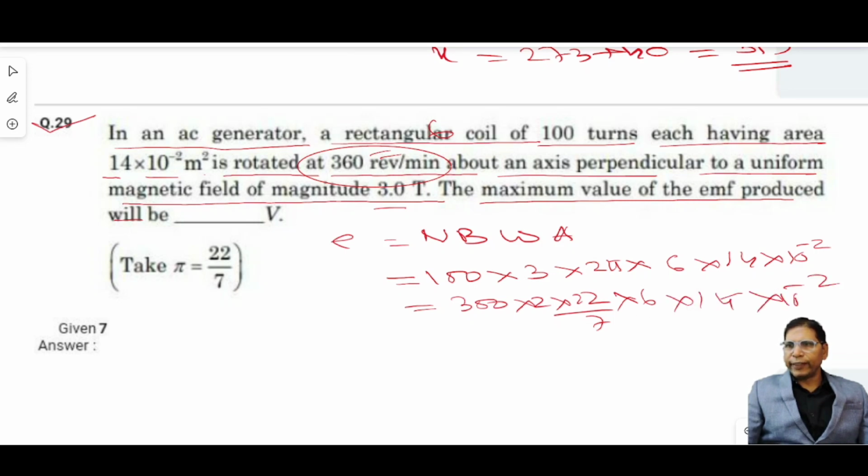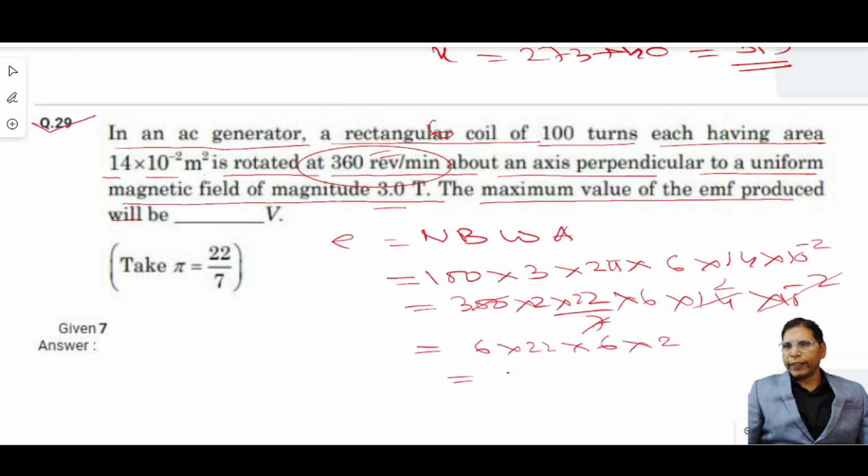Now look at this and this, this is the 2, no problem. This 2, 0 and this 2, 0 cancel out. Therefore, you get 6 into 22 into 6 into 2.